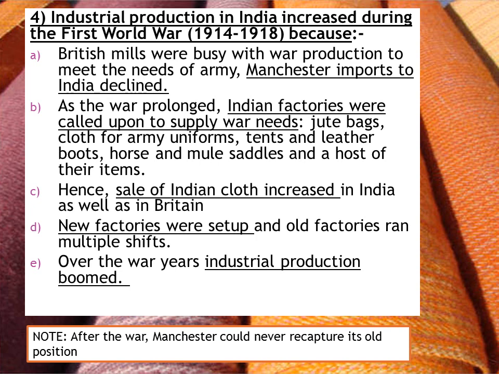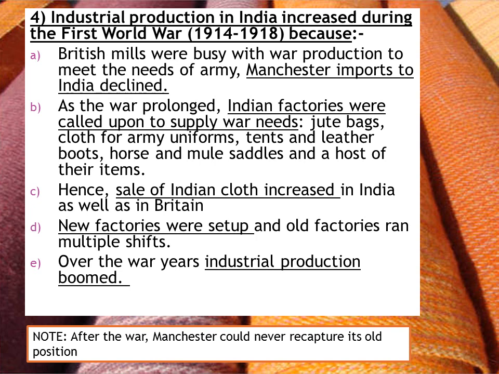Moreover, children, industrial production in India further increased during the time period of First World War, that is from 1914 to 1918. This is so because British mills got busy in producing goods for the army, and as a result they were not able to import fabrics to India. And as the war continued, Britishers even took help from Indian factories to supply goods for war needs.